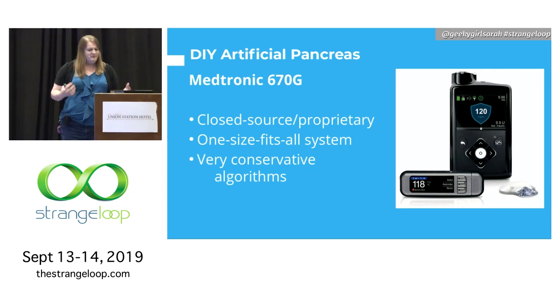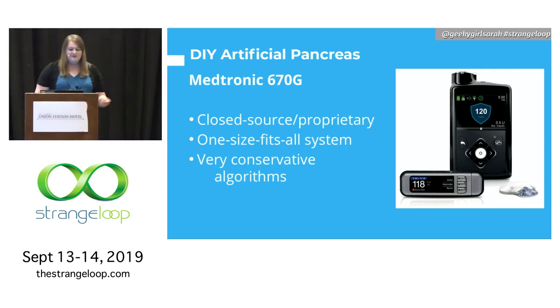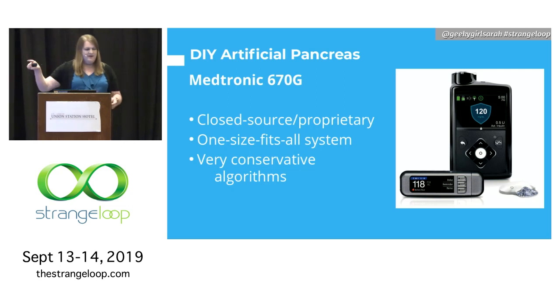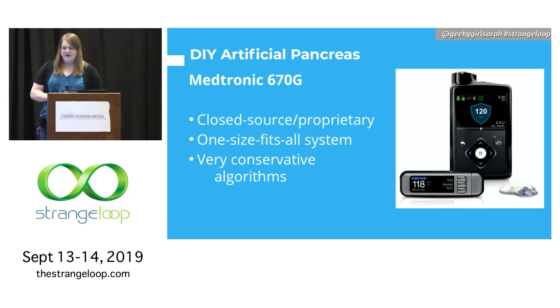There's a lot of variables. You really need a system designed for you. And as such, they have a lot of conservative algorithms. They usually have just, we're keeping you as close to 150 as we can. Or if you're exercising, we're assuming you always want to be at this level. Things like that. So we're going to ignore that for the rest of our talk.